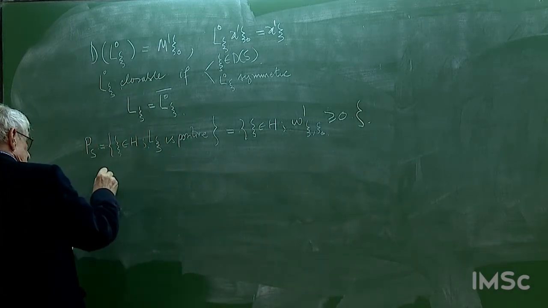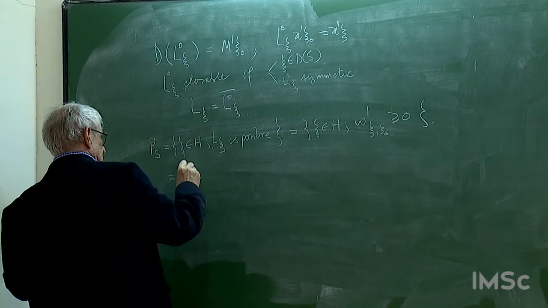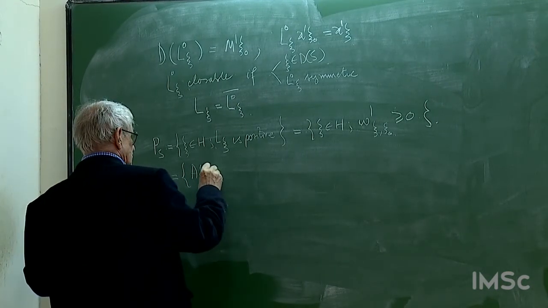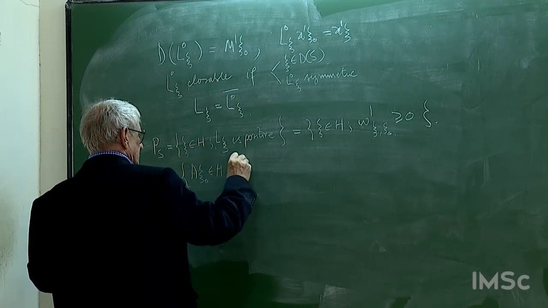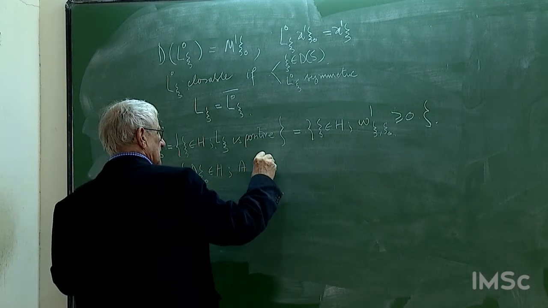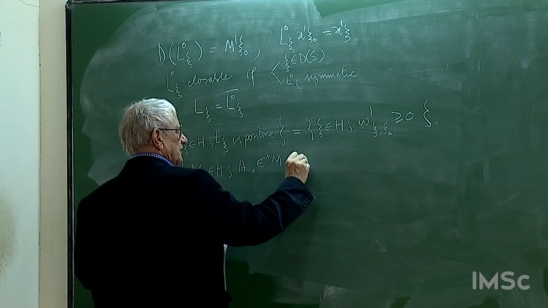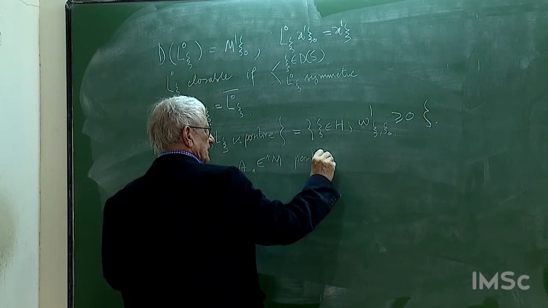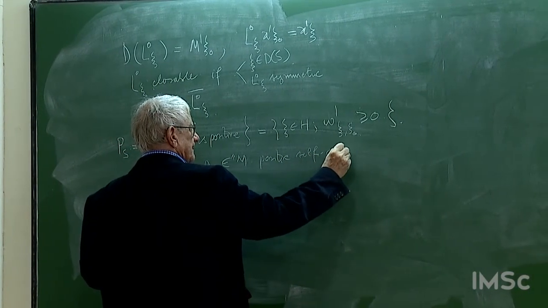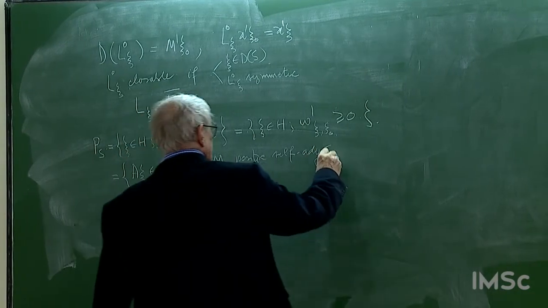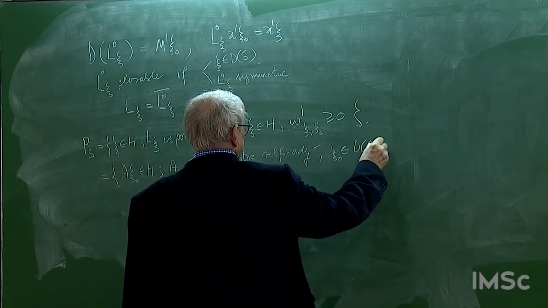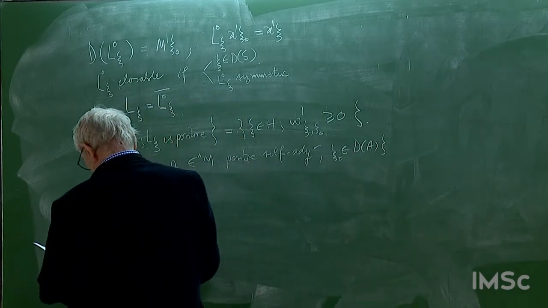And is the same thing as the vectors of the form A xi naught in H, where A is affiliated to M, positive, self-adjoint. And xi naught belongs to the domain of A.